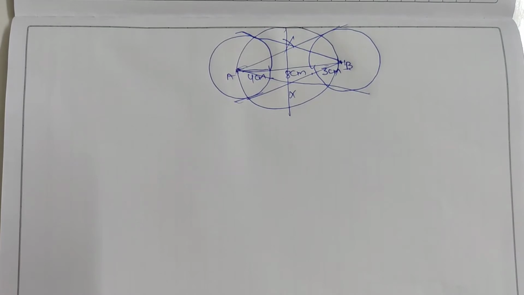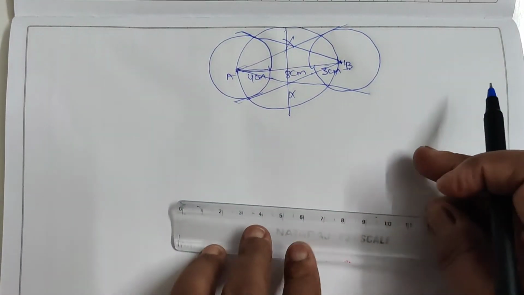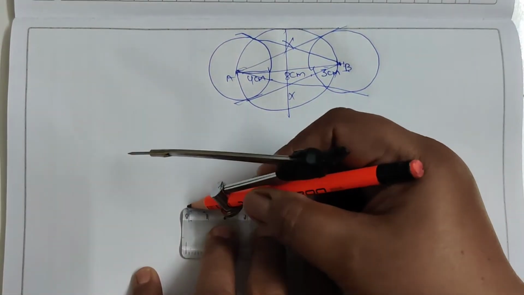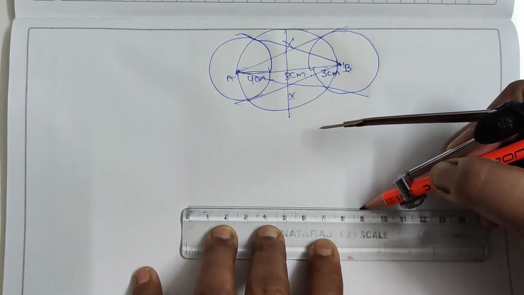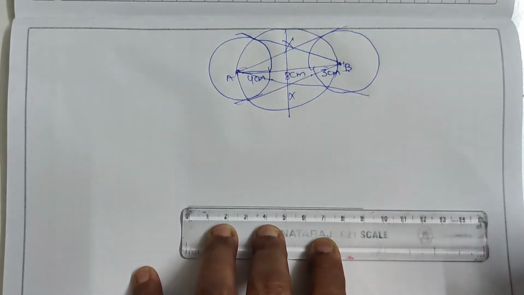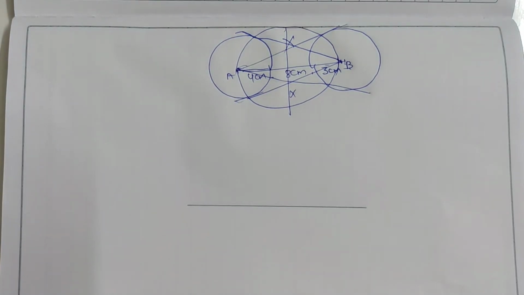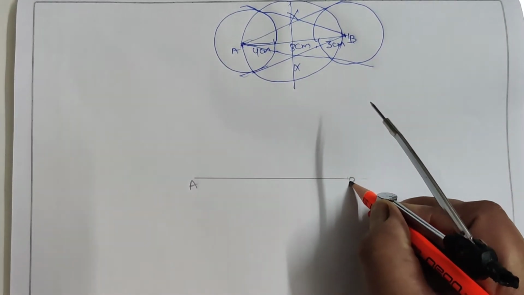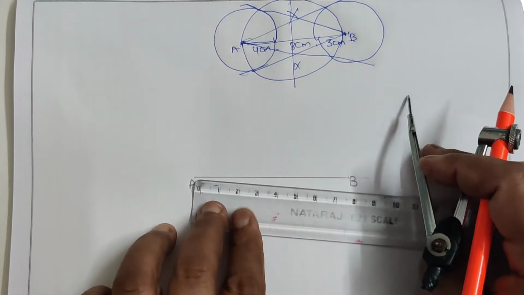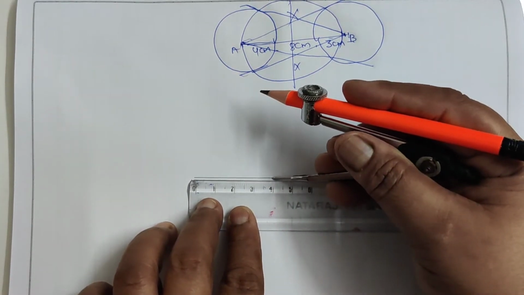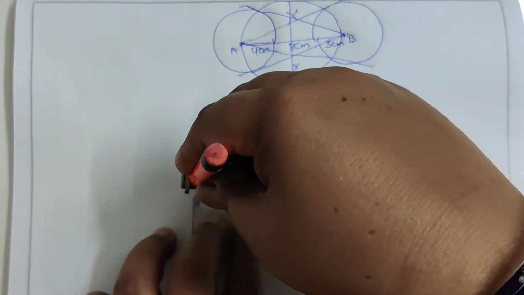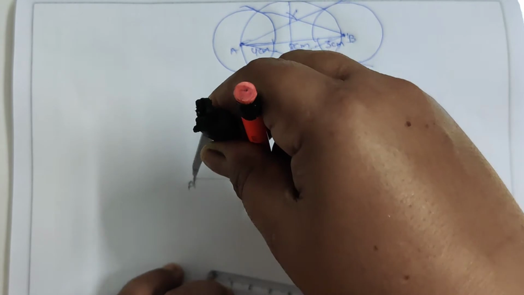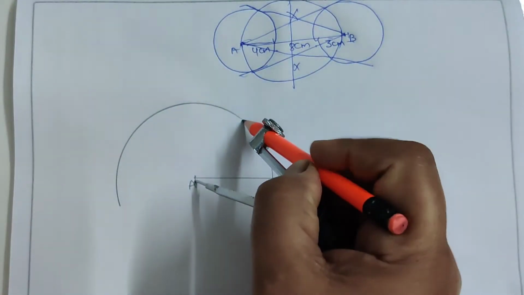First we have to draw a line of 8 cm. This point is A and this point is B. Now draw a circle of radius 4 cm, taking 4 cm radius, like this.